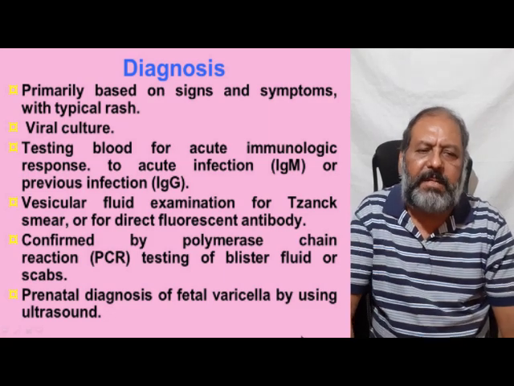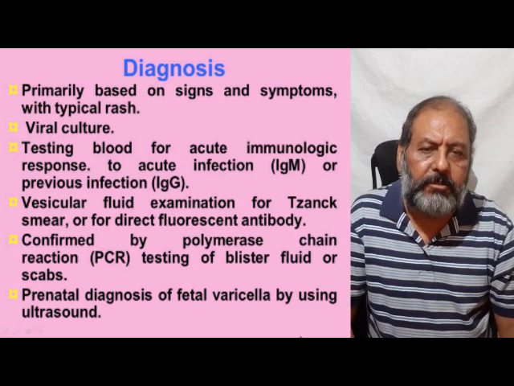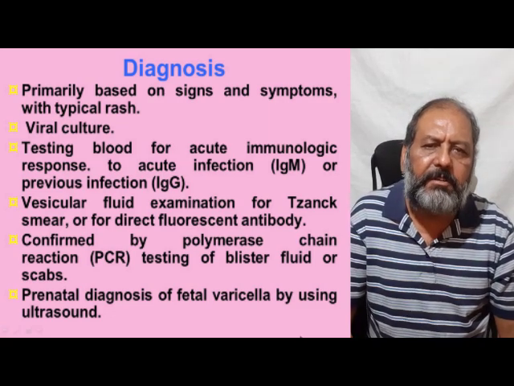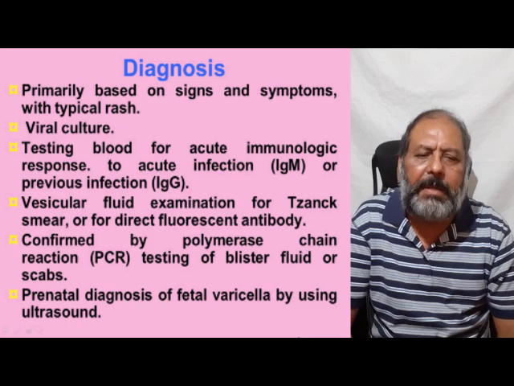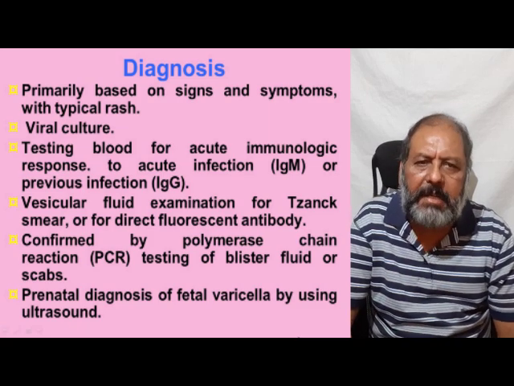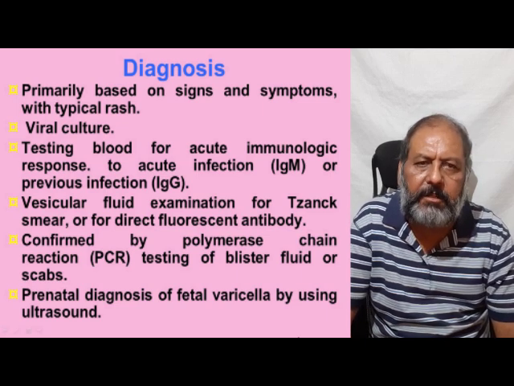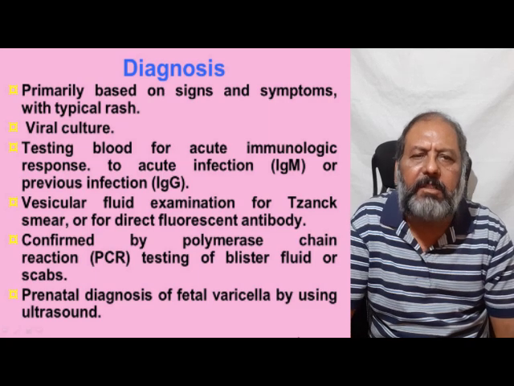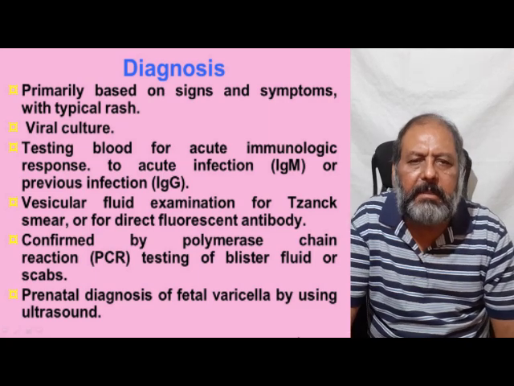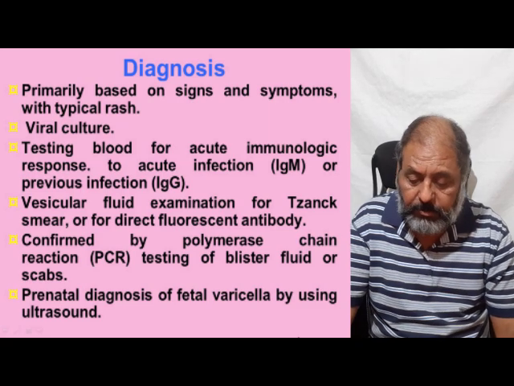Vesicular fluid examination for Tzanck smear with multinucleated giant cells or for direct fluorescent antibody also helps the diagnosis. Diagnosis can be confirmed by polymerase chain reaction, PCR, testing of the blister fluid or the scab to confirm the presence of the varicella zoster virus.